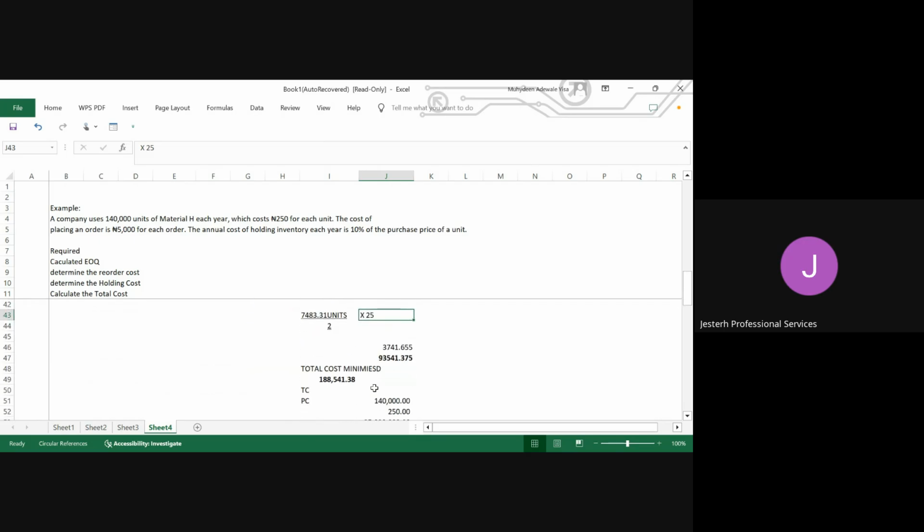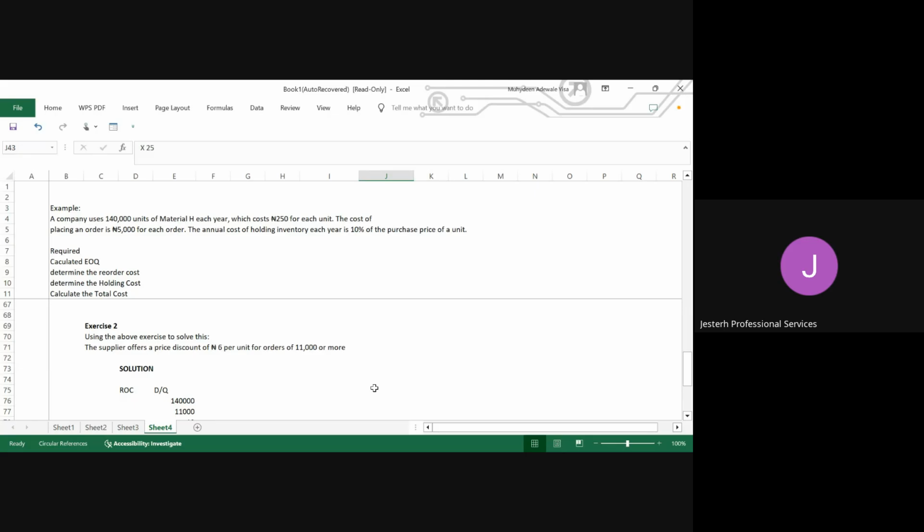Now, in this case, the supplier decided to give them a discount of 6 naira from the purchase price. And the company has already set the holding cost on the purchase price per unit at 10%.